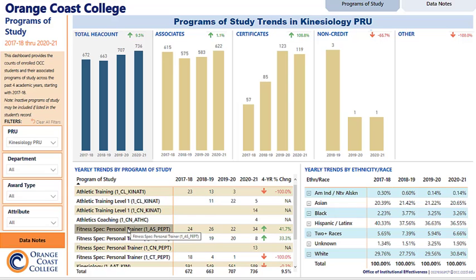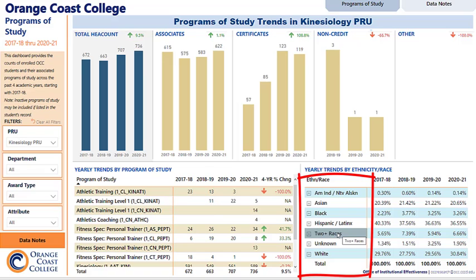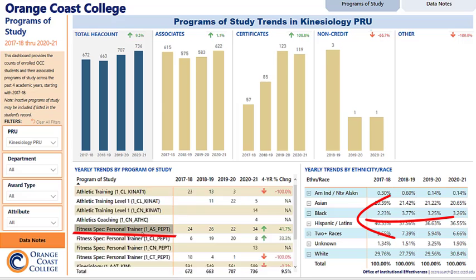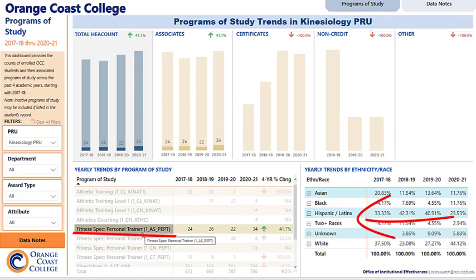As we look to the right here, we can see what the numbers look like broken out by ethnicity and race. If we click a program of study, we can see that this table shifts. That's for fitness, and this is for fitness personal trainer.